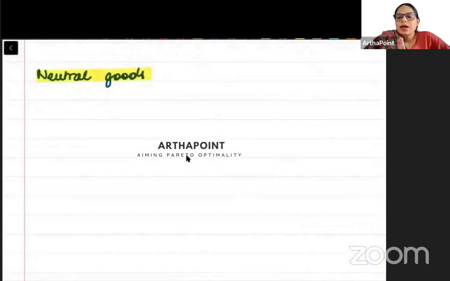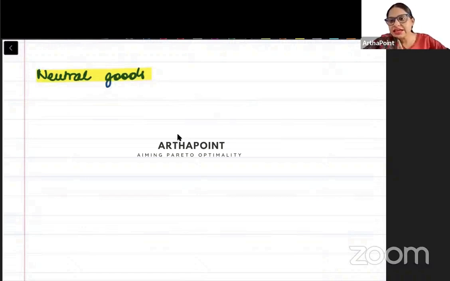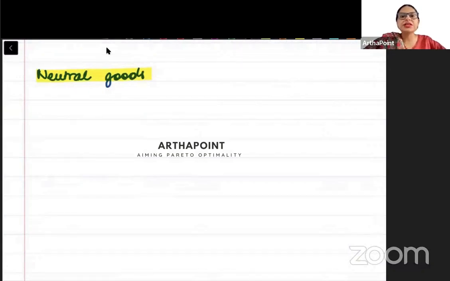Neutral goods. What are neutral goods? Those goods which neither increase nor decrease the utility of the consumer. जो गुड ना कंज्यूमर की यूटिलिटी बढ़ाते हैं ना कम करते हैं, they neither increase nor decrease the utility of the consumer. उनके होने या ना होने से कंज्यूमर को कोई फर्क ही नहीं पड़ता. तो वो जो गुड्स होते हैं उन्हीं को हम न्यूट्रल गुड्स बोलते हैं.